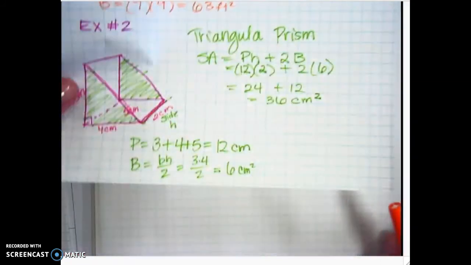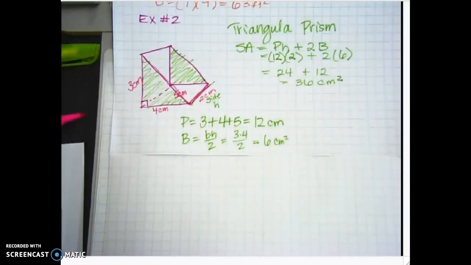Now let's look at one that's a volume. So example number 3.